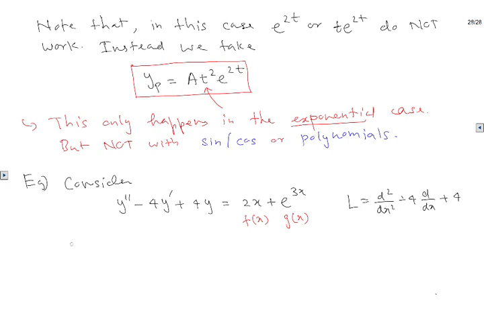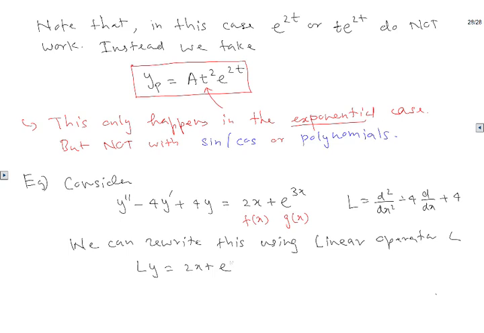So we can rewrite this using a linear operator L. That means your problem you can simply write as Ly equals x plus e to the 3x. Because why we do that? Just to explain the theory much faster.